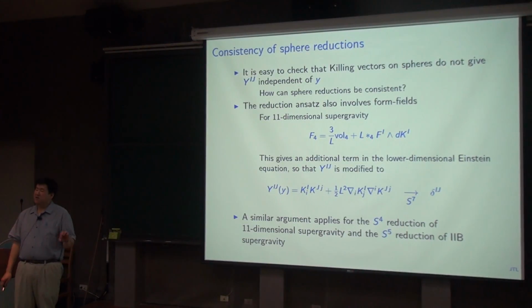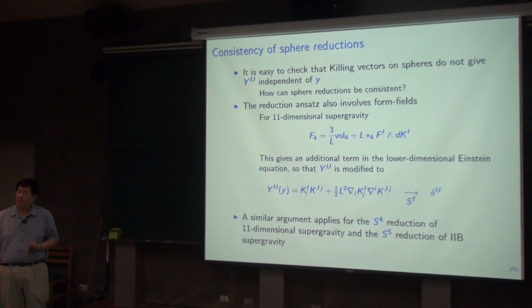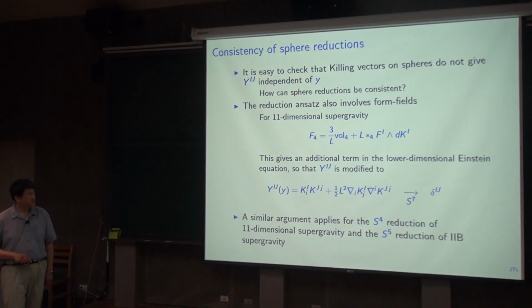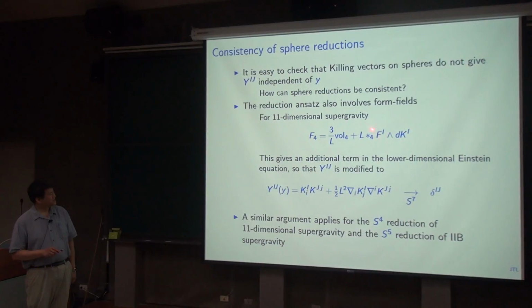So if I turn on some graviphotons in the metric, in order to make the reduction consistent, I also have to turn on the graviphoton field strengths in my F4 reduction. These are the same Killing vectors as I had on the other slide. It's an exterior derivative of the Killing vector written as a one-form. So dK is a two-form over here.